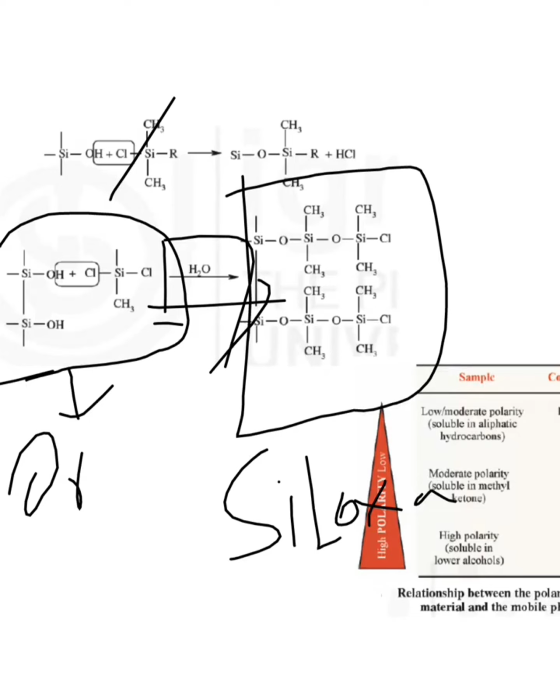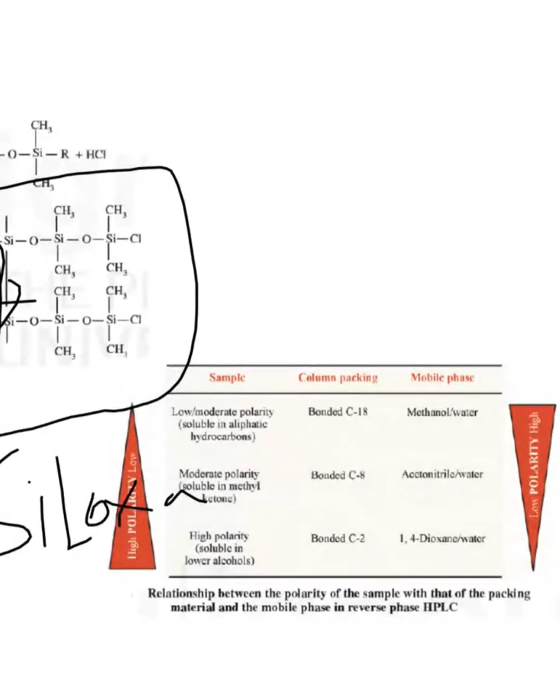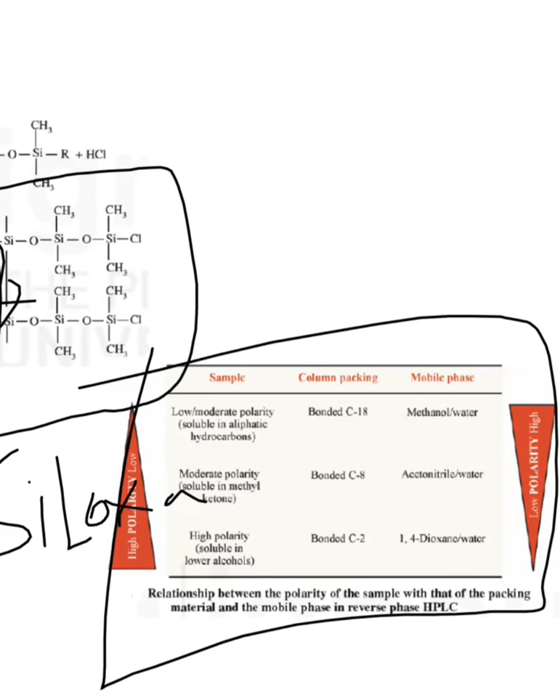And next is the relation between the sample, the column packing, and the mobile phase we are going to use. This is shown in this tabular column, where we study the relation between the polarity of the sample, the packing material, and the mobile phase in reverse phase HPLC.